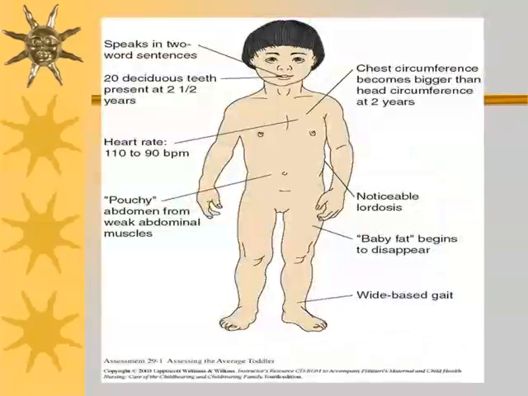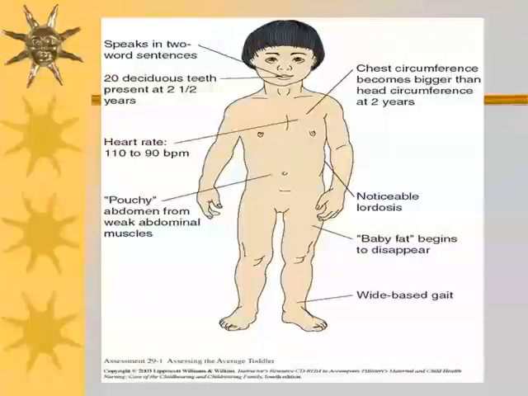Just a few things physically about the average toddler. Again, this comes from chapter 29 in your textbook. You can see they will start to speak in 2-word sentences. Oftentimes that sentence might be I do or I do it. Again, thinking of that autonomy.